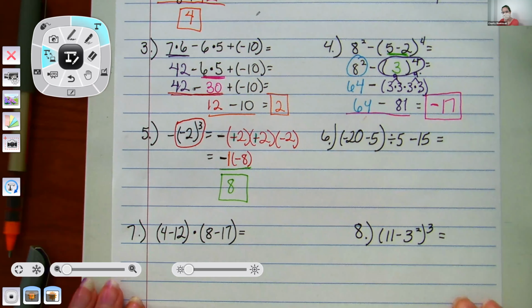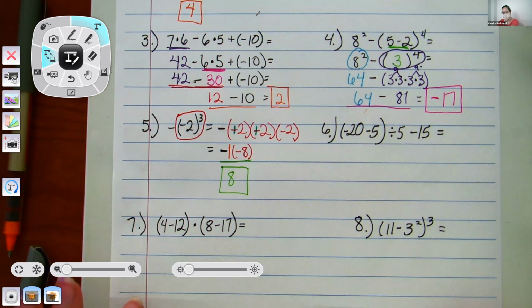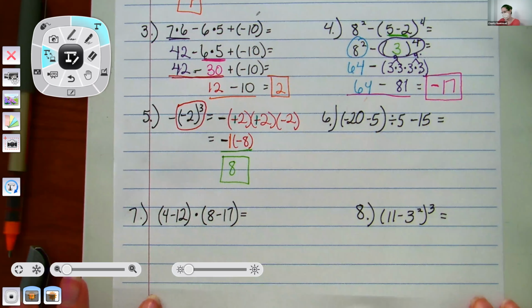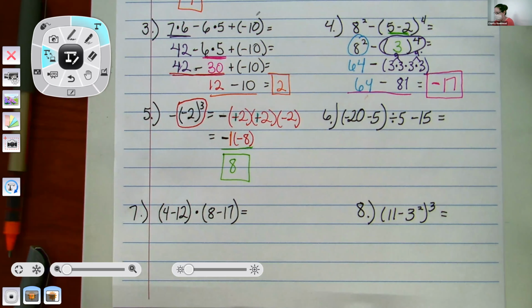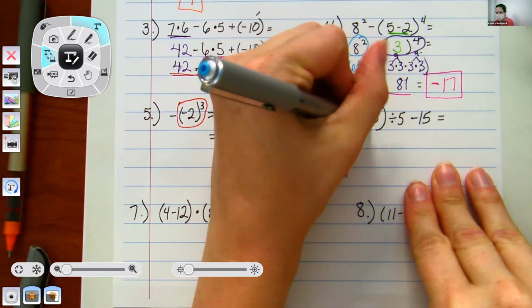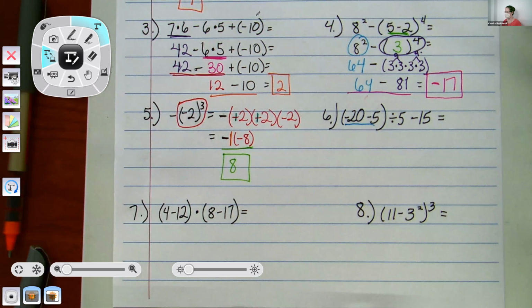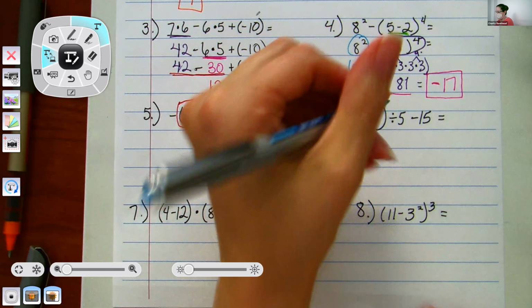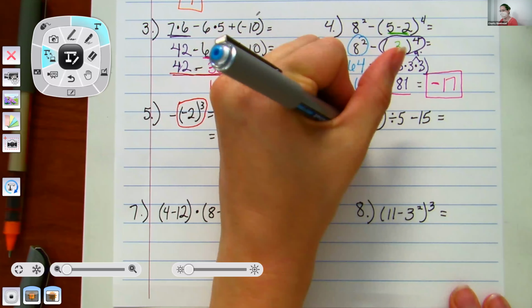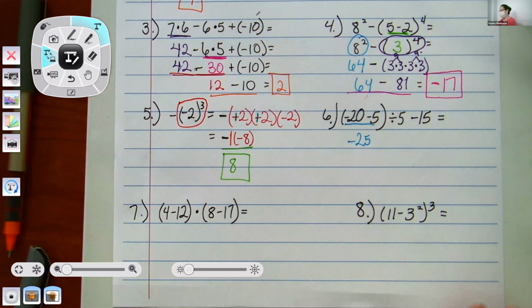Okay, number 6, I do have something on the inside of the parentheses that I need to do, which is -20 minus 5. So if your account is overdrawn by $20 and then you spend another $5, now it's overdrawn by $25. So that now becomes -25. And then I'm just going to bring the rest of it down.